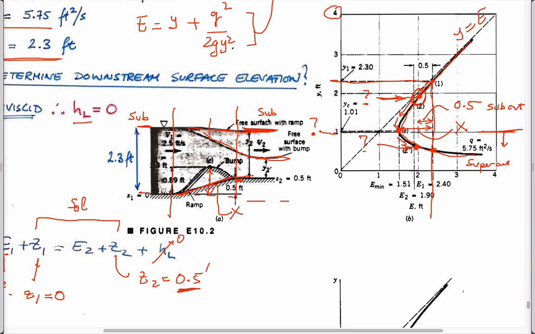Seems kind of strange. You go up a ramp, so the height of the bed gets higher, but the absolute depth of the water is less than it was upstream. Right? This is low. So it's kind of curious. But it's still subcritical.